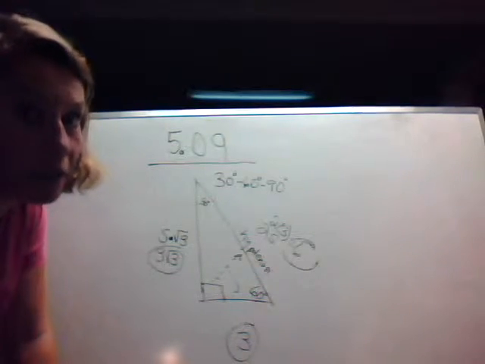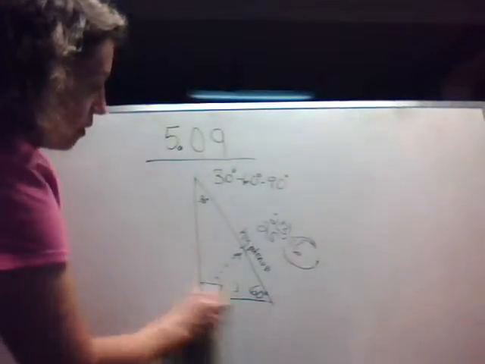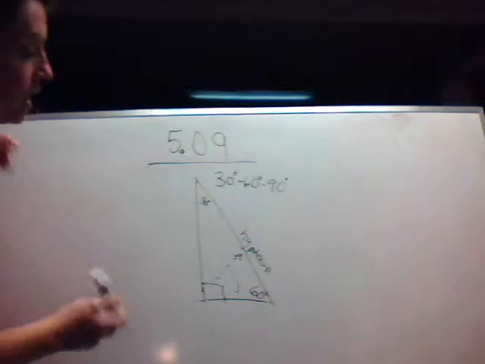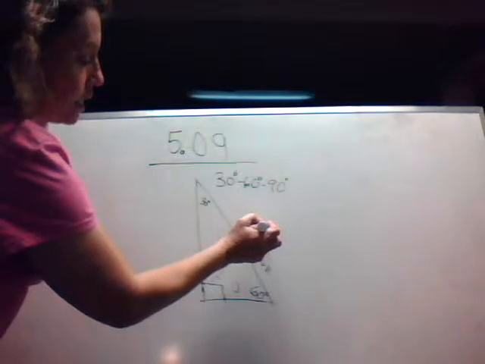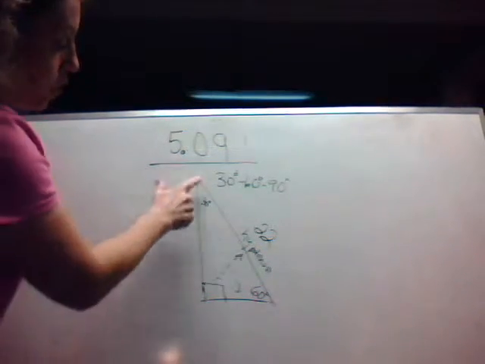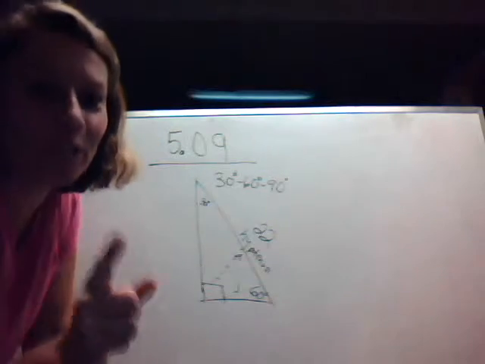Now what if you're not given the short leg? Let's say this time we're given the hypotenuse. This one's pretty easy. Let's say the hypotenuse is 22. What do we have to get first? We have to get the important part, the short guy.